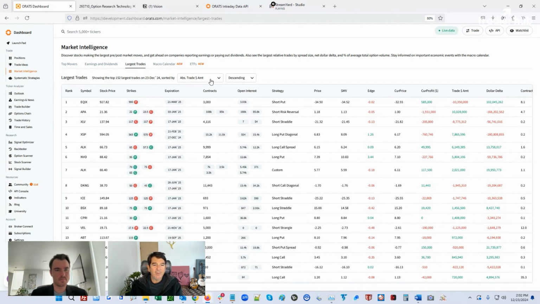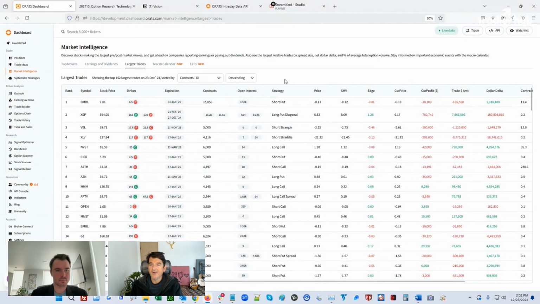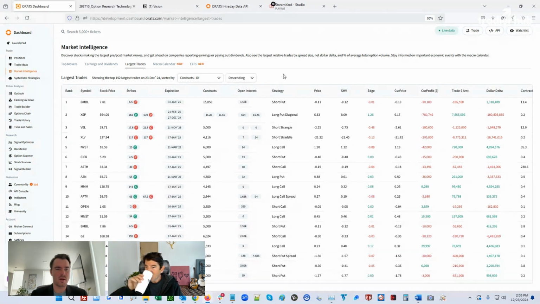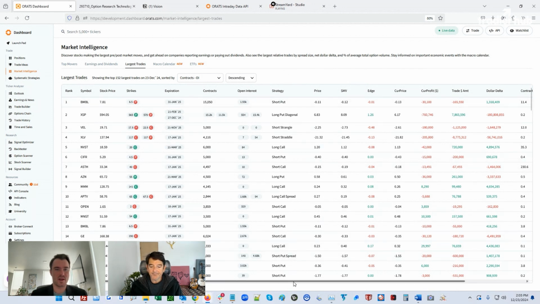So I like to sort by contracts minus OI. That's the number of contracts that have traded minus the open interest. So that seems to be the opening trades. You good on that one, Tyler? Yeah. So the contracts we log when we track how many contracts were traded, and that's what that's measuring against the open interest.